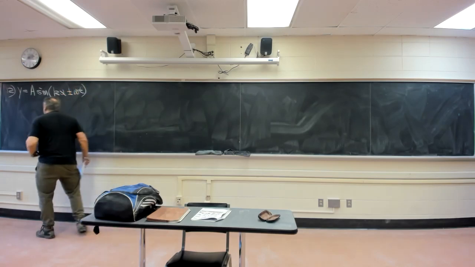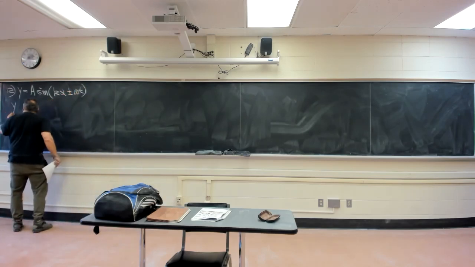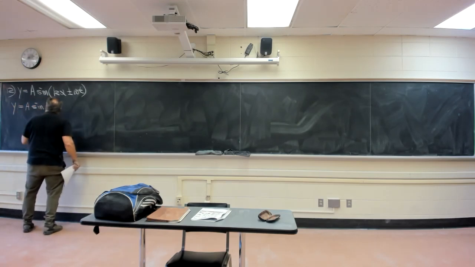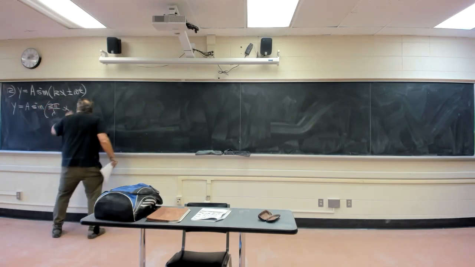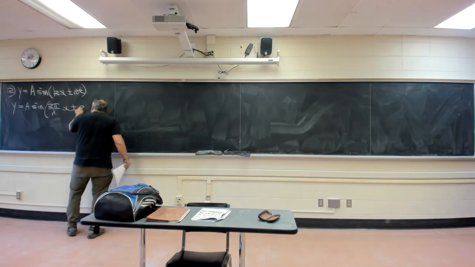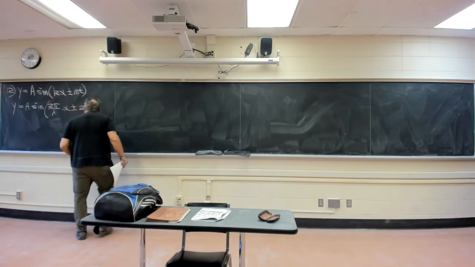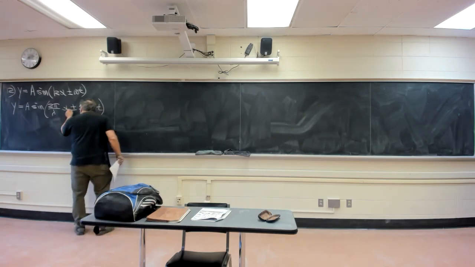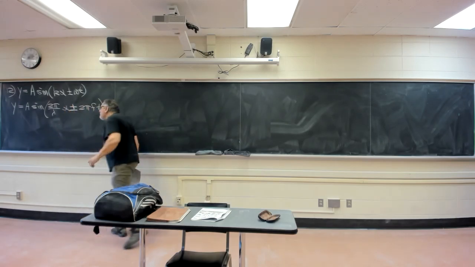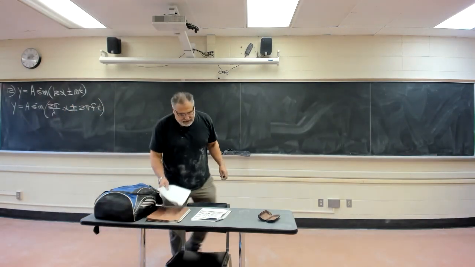A is A, sine is sine, k is 2 pi over lambda, omega is 2 pi f, and then you throw the t on there. We're looking at something like this. The fact that it's going along the positive x-axis, we're going to use the minus to actually get there.